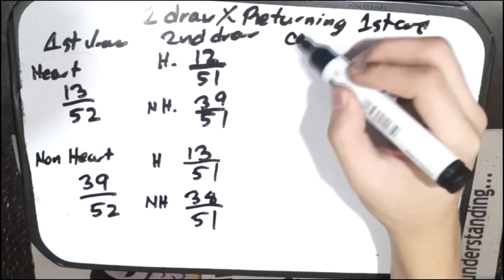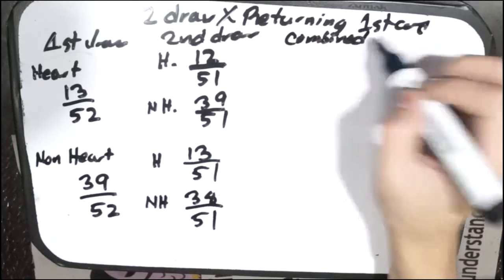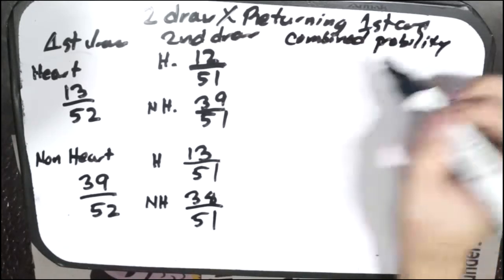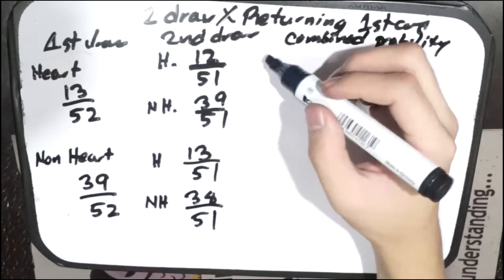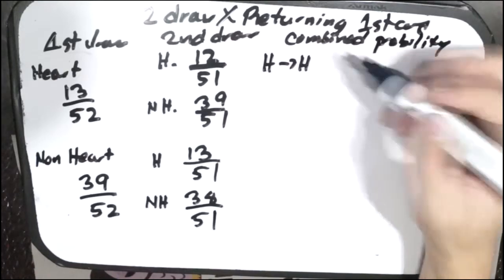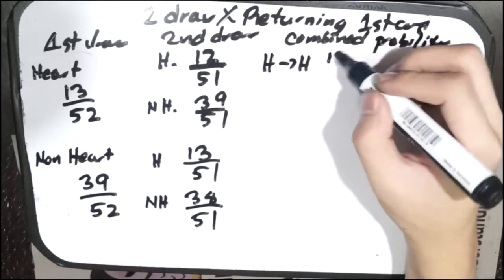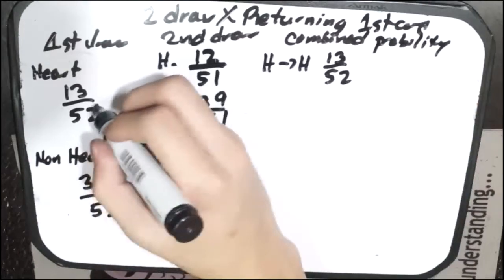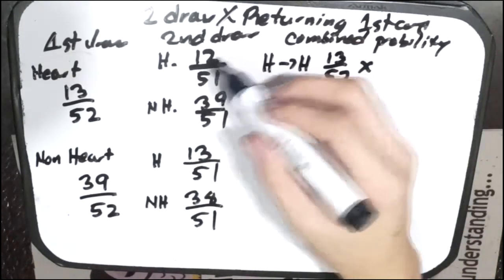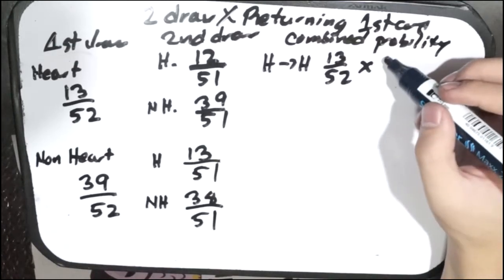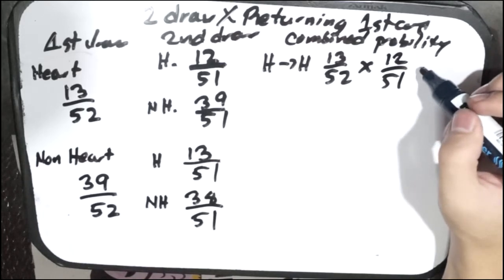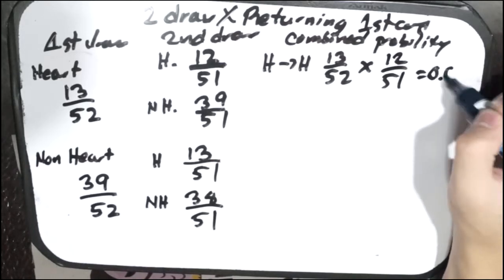The combined probability of these two events, or multiple events, would be: if you drew a heart first and then a heart the second time, the probability of that happening would be 13 over 52 times the probability of getting a heart in the second draw, which would be 12 over 51. That would be 0.059.